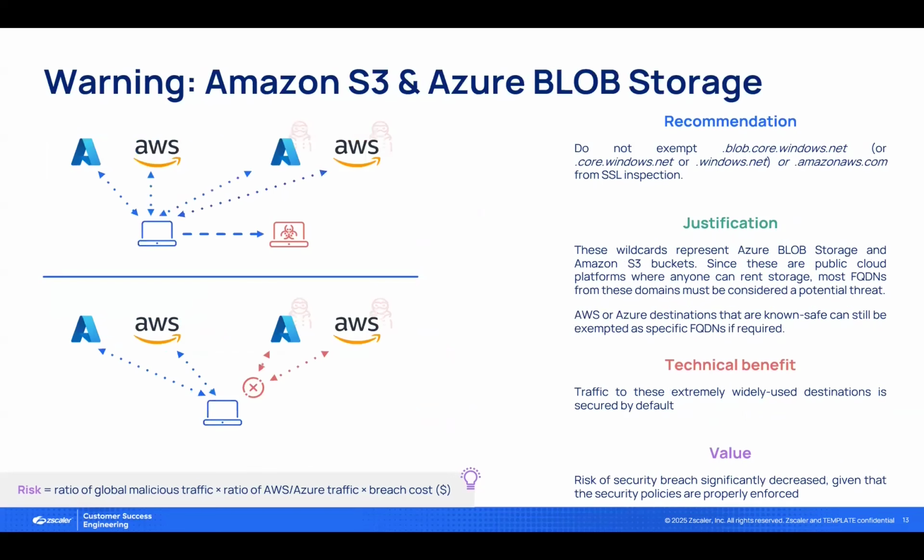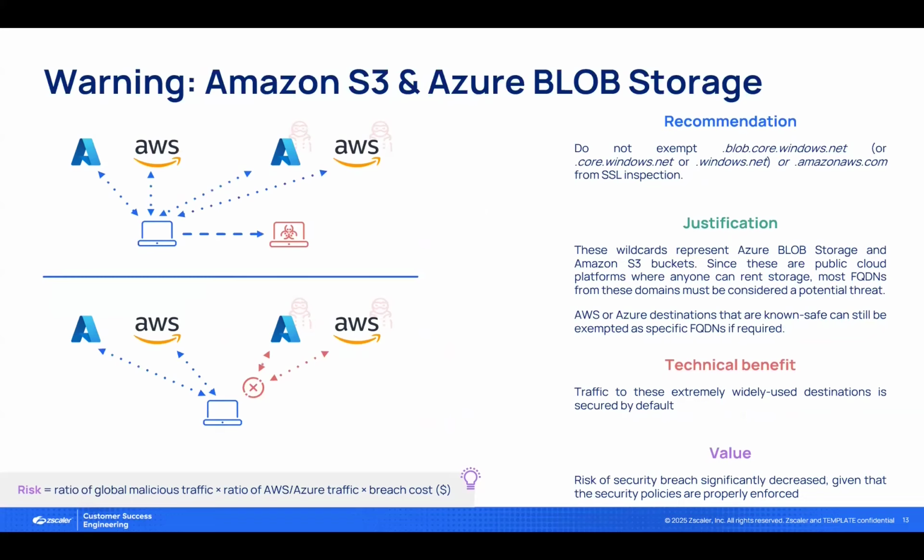Finally, as a corollary from the previous recommendation, and to draw specific attention to this issue, it is extremely important that you do not exempt .blob.core.windows.net or .amazonaws.com from SSL inspection. These wildcards represent Azure Blob Storage and Amazon S3 buckets. Since these are public cloud platforms where anyone can rent storage, most FQDNs from these domains must be considered a potential threat.